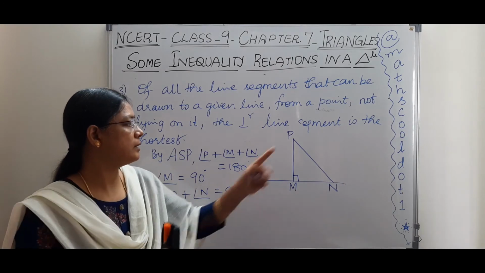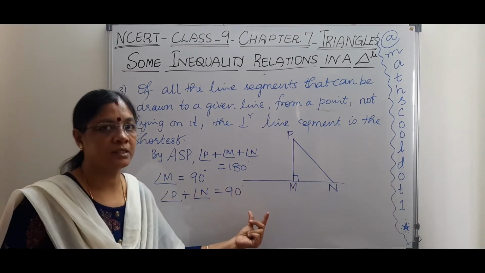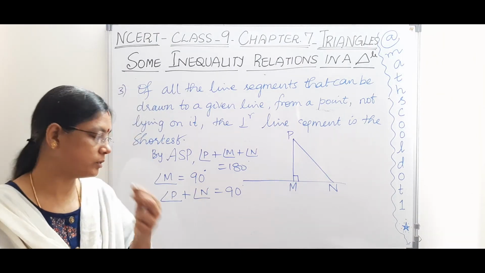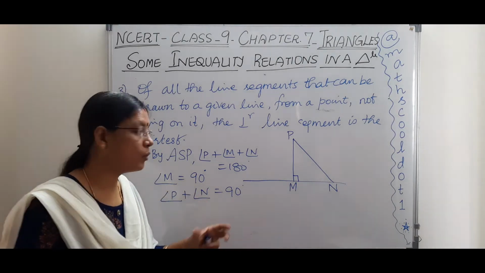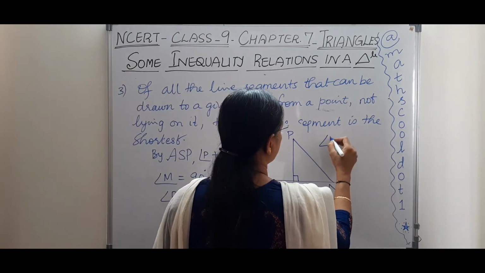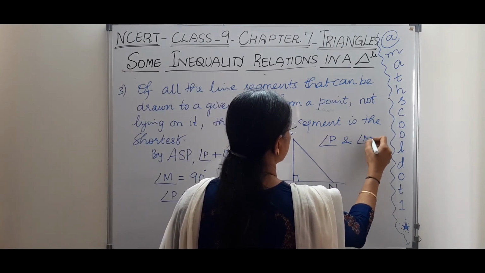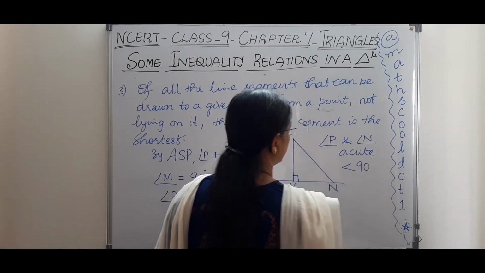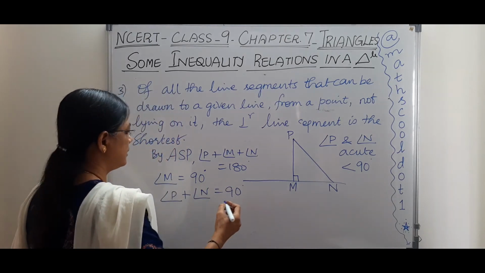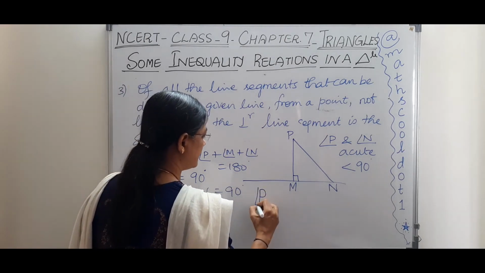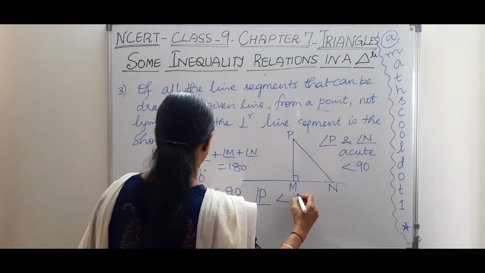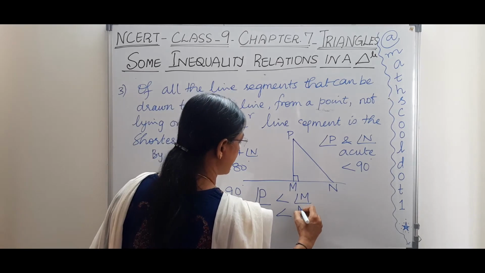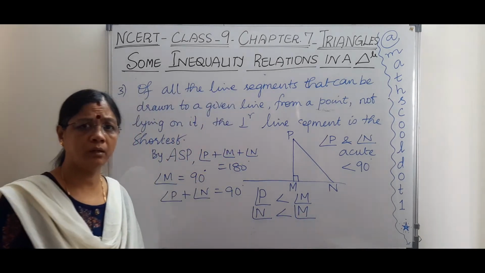So if P plus N is 90 degrees, then both P and N are acute. So P and N have to be acute angles. Acute is less than 90 degrees. If it is less than 90 degrees, then angle P is less than M and angle N is less than M. Do you understand?